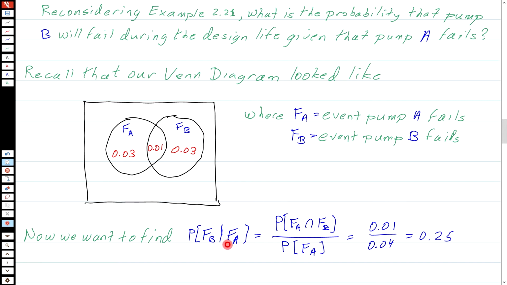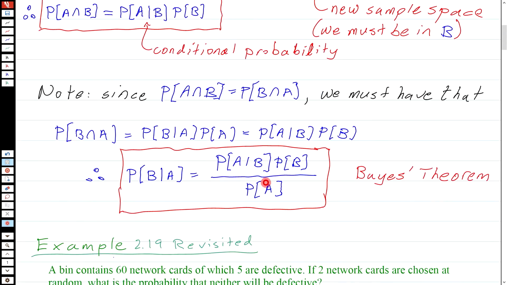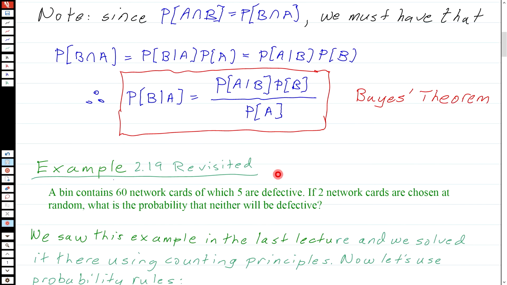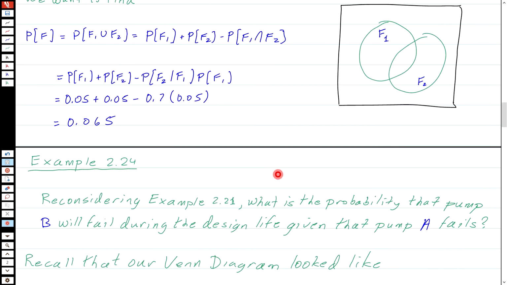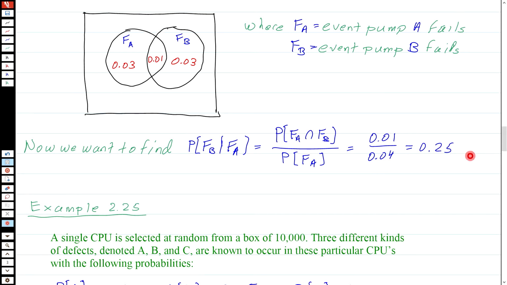Now, this thing here, we saw earlier, there's another formulation for this coming from our original equation. A given B is probability of A intersection B divided by probability of B, so we'll use that form here because we're directly looking for this conditional probability. FA intersection FB, we know what that is. It's 0.01 divided by probability of FA. We know what that is. It's 0.03 plus 0.01, which is 0.04. So we get a conditional probability here of 25%.